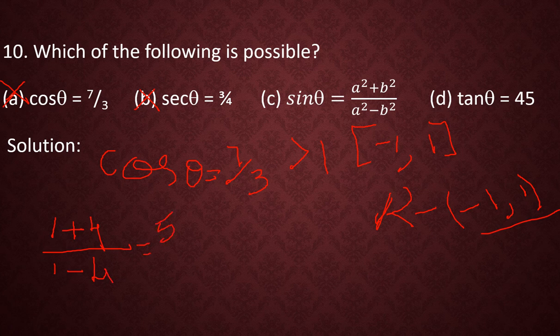So 5 by -3 is equal to -1 point some number. You know that the range of the sine function is the closed interval -1, +1. This does not belong to this interval. Therefore, this is also no.